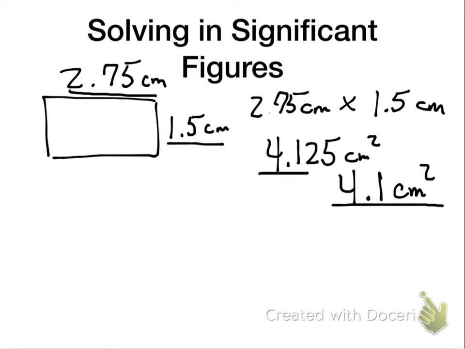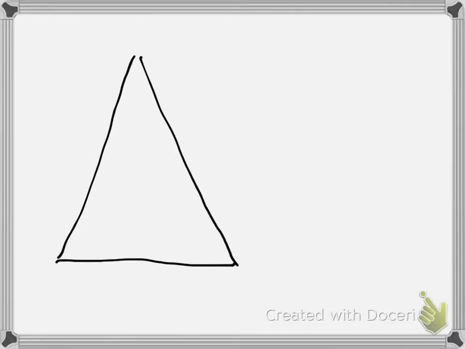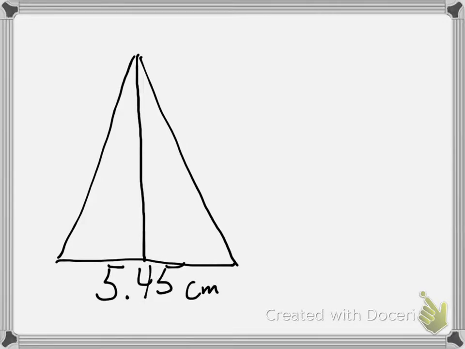Let's check another one of these. Let's do an area of a triangle. So if we had a triangle, and our triangle had a base of, I don't know, let's do 5.45 centimeters.